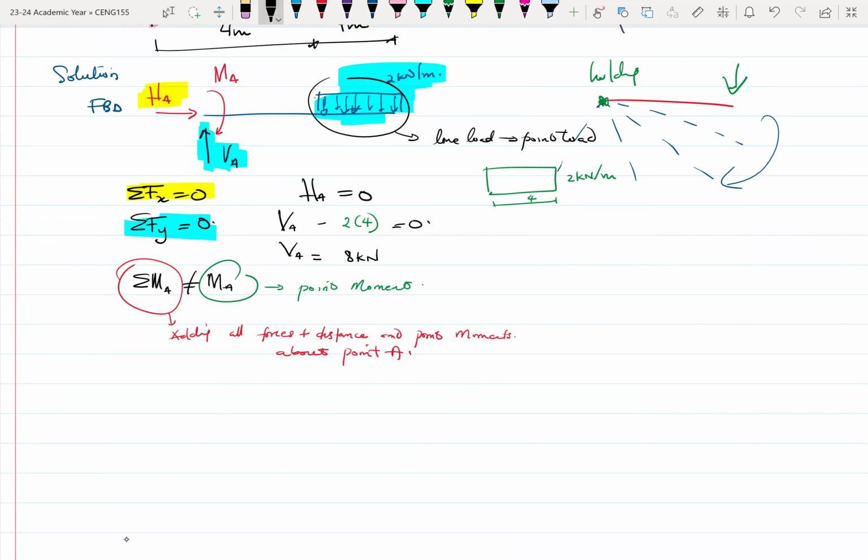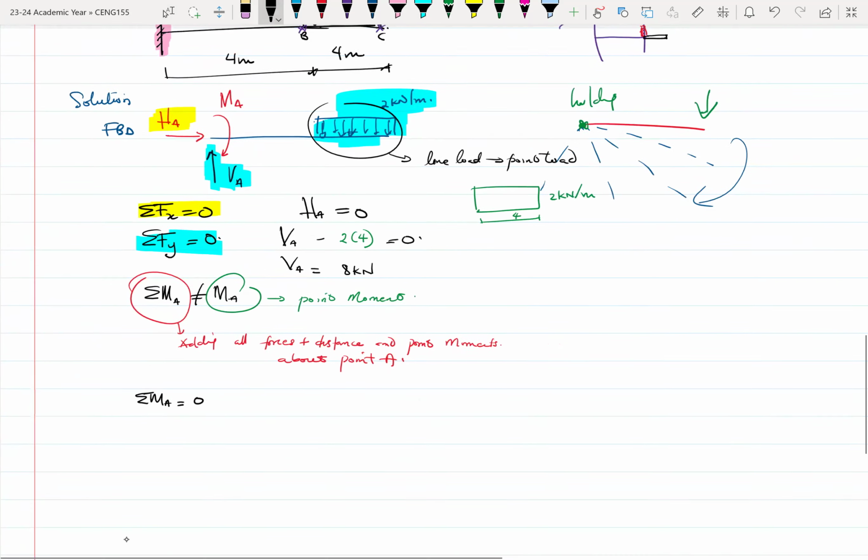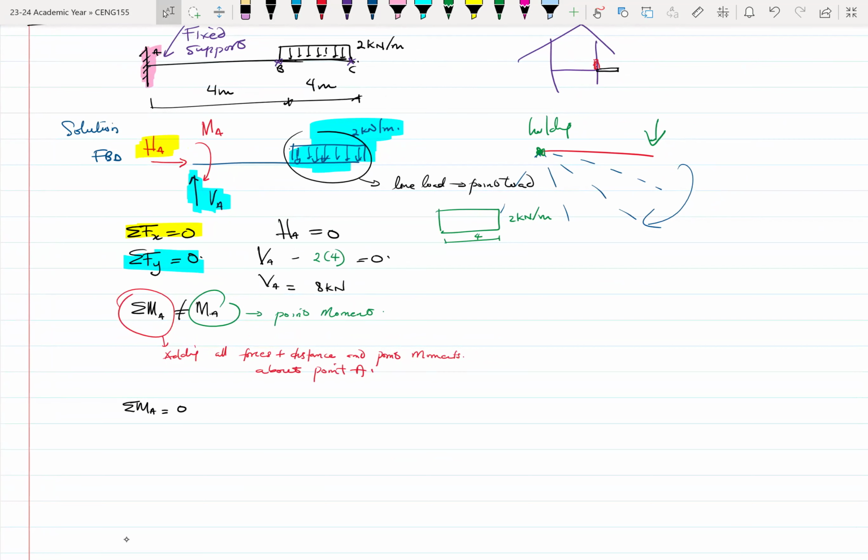So if you sum moment about A to be equal to 0, it means that we can look at it in this form. Since VA is acting at A, it means that the moment due to the load VA is 0. Take note. But there's a point moment, MA. And an existing moment doesn't need distance. It already exists, right?